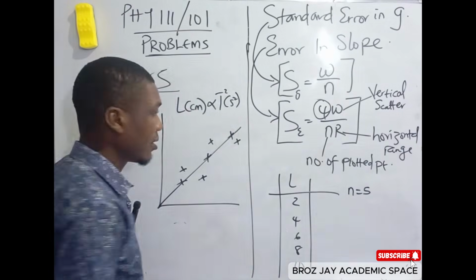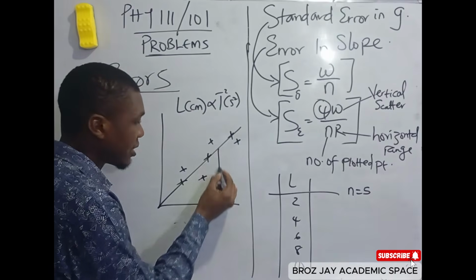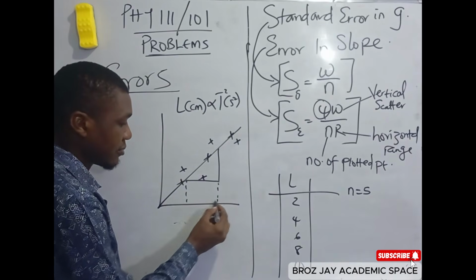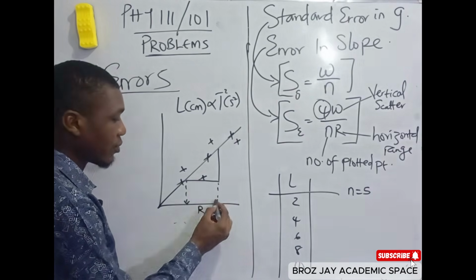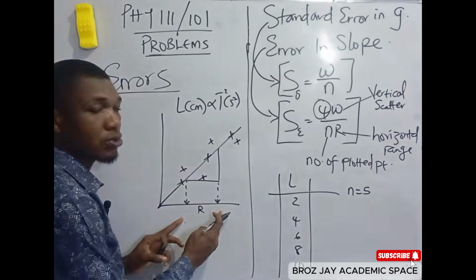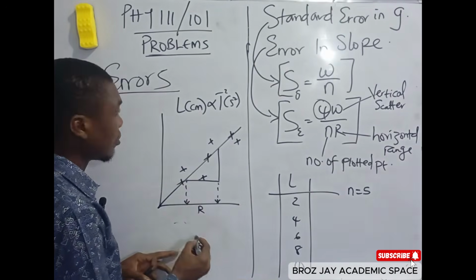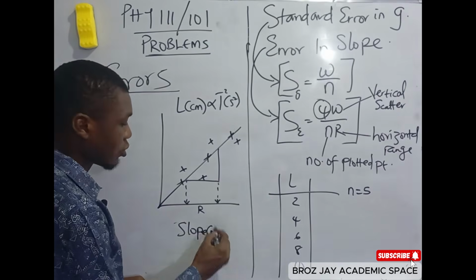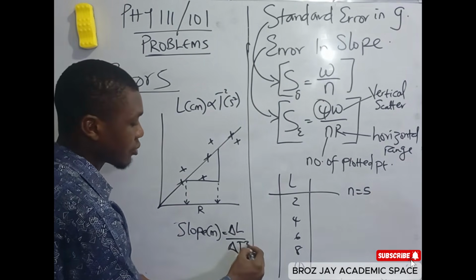Do you understand? Now, we have range. What is your range? Whatever you got here, this is your horizontal range. When solving for your slope, this is your horizontal range. So let me say your slope here was change in L all over change in T squared.